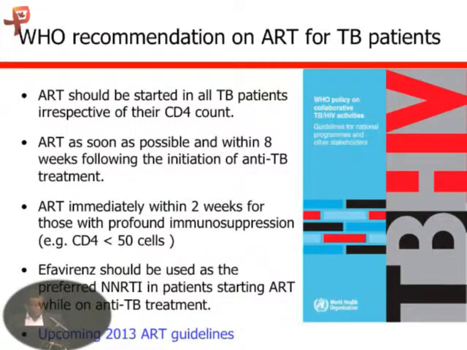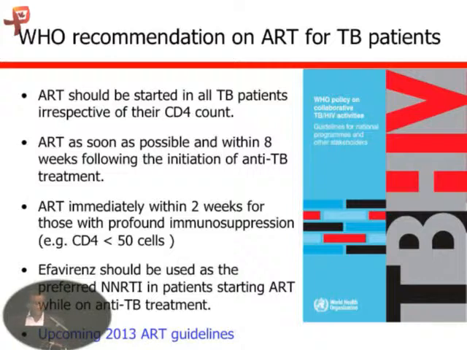And this is a WHO recommendation around treatment of ART for TB patients. It has been recommended since 2010 that all TB patients should get ART regardless of CD4 count, and the ART should be started as soon as possible, within 8 weeks.